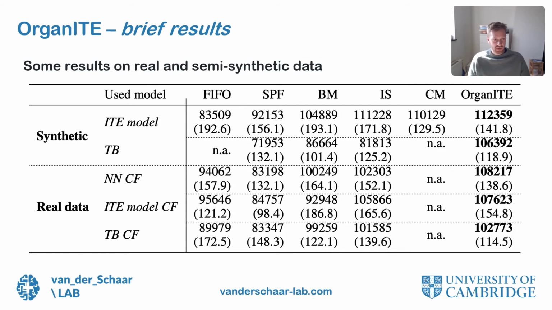So we've tested this given multiple different allocation policies. The first one is FIFO, which is a very naive first in, first out method of allocating organs. The second is sickest person first, which, as the name suggests, we pick only the sickest person on the waitlist. Then there's best match. This is a policy that allocates the organ to the patient that is estimated to have the highest potential outcome.